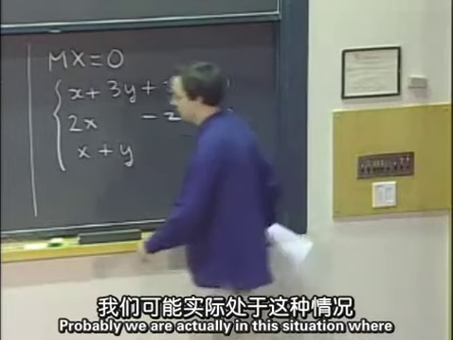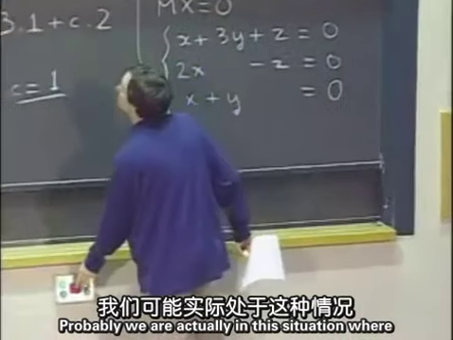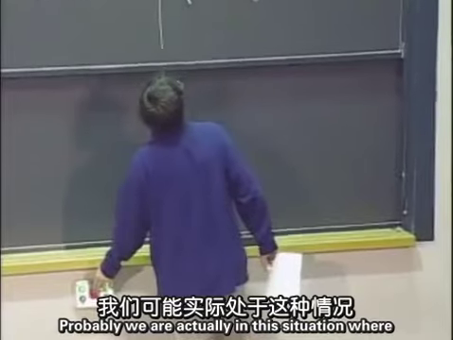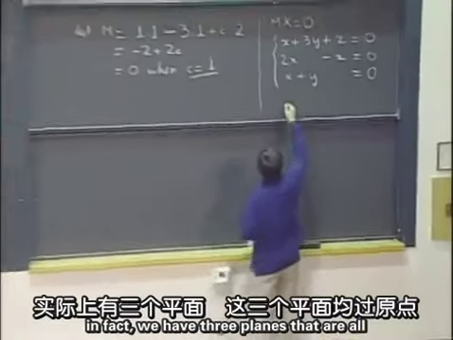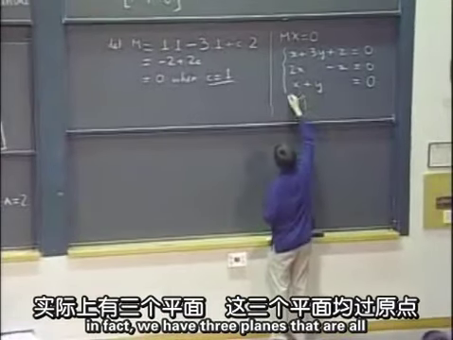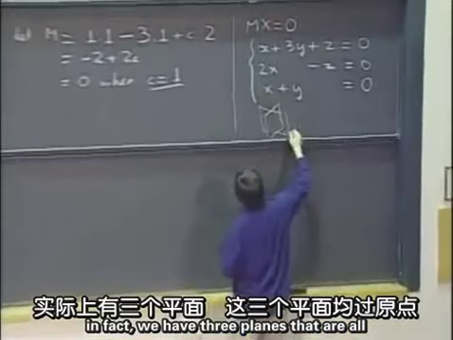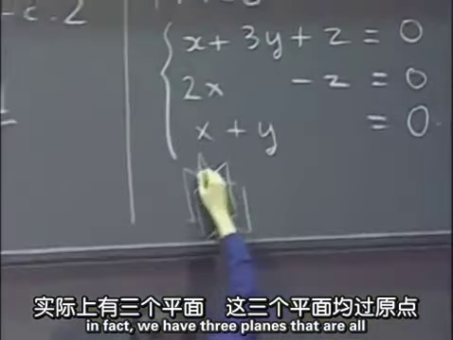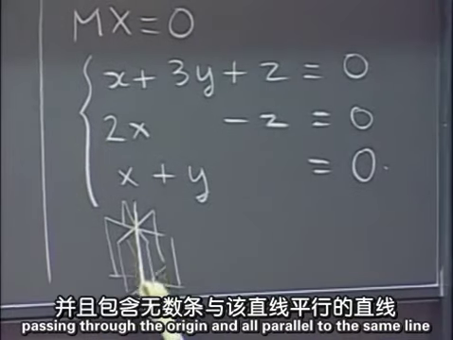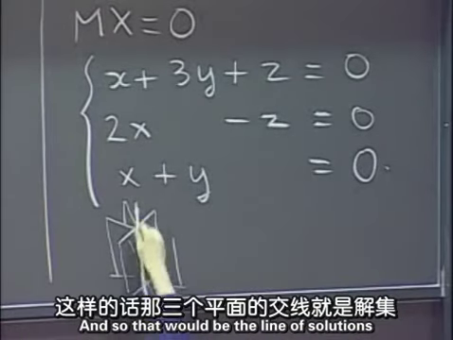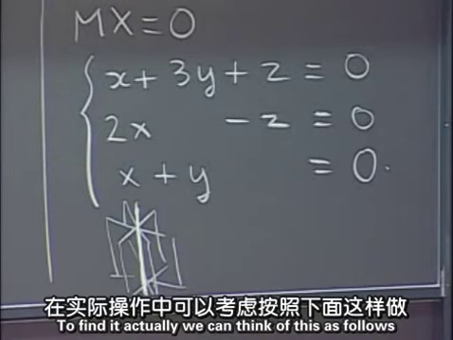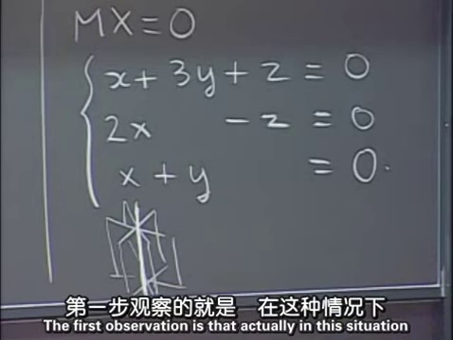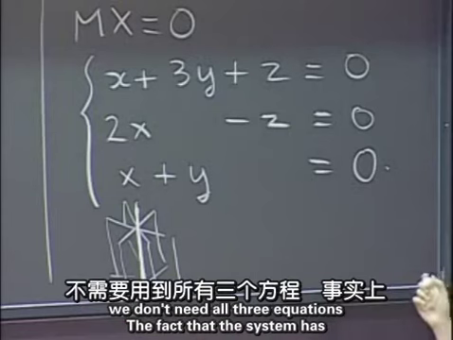So probably we're actually in this situation where we have 3 planes that are all passing through the origin and all parallel to the same line. And that would be the line of solutions. To find it, we can think of this as follows. The first observation is that in this situation, we don't need all 3 equations.